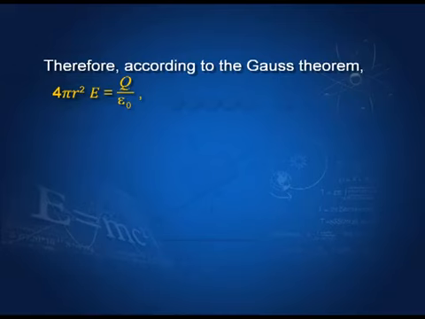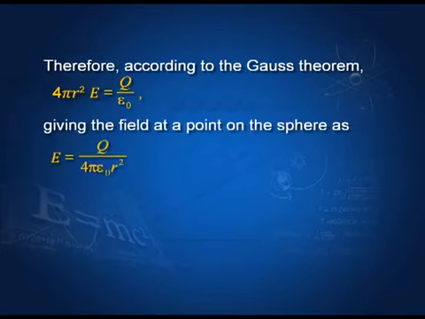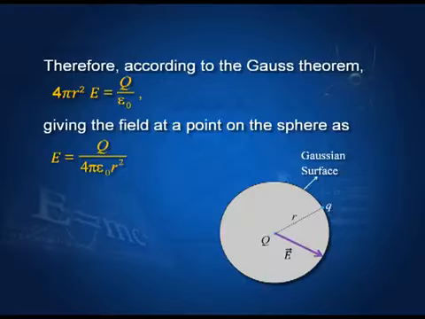So, that is the flux. Therefore, according to Gauss theorem, 4 pi r squared E is equal to capital Q by epsilon 0. Capital Q is the charge inside the surface, giving the field at a point on the sphere as E equal to Q by 4 pi epsilon 0 r squared, dividing by 4 pi r squared.